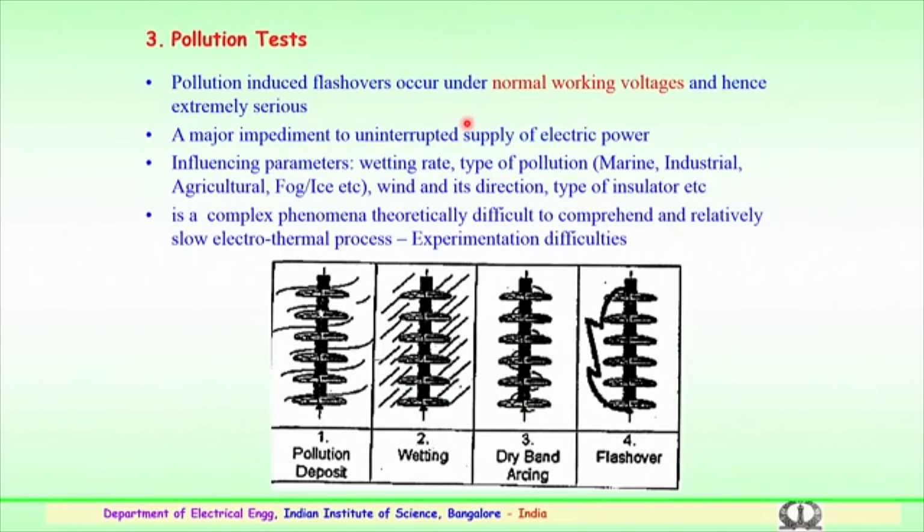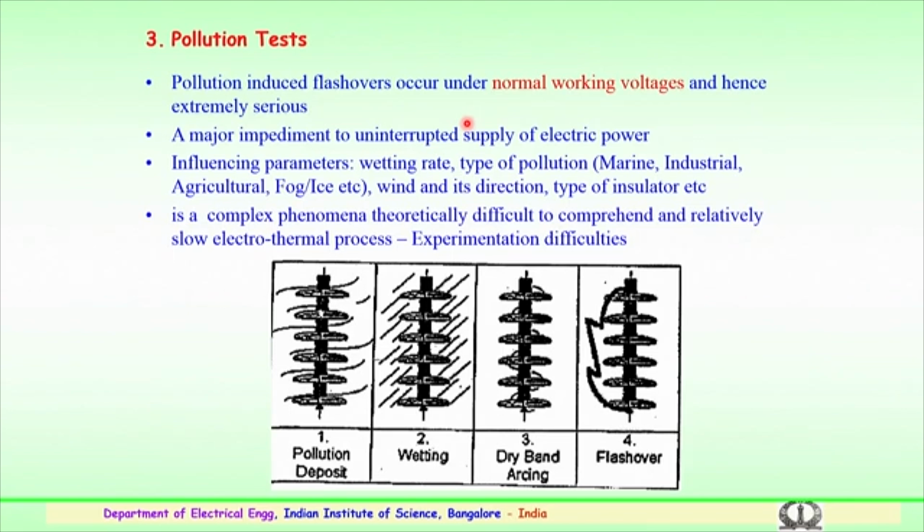The third is the pollution test. We have already discussed the importance of pollution induced flashover, and why it happens at working voltages. We have discussed the influencing parameters and the phenomena, how difficult it is to theoretically comprehend, and how difficult it is to simulate in experimentation.